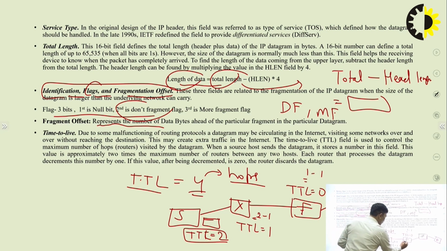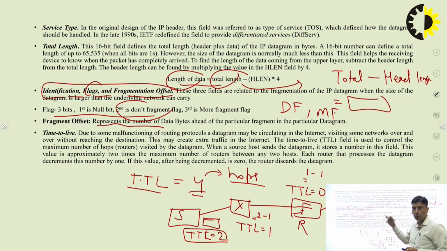So when this particular router comes to know that the time to live field of this packet is 0, and this router is now the destination actually, then that router discards the packet, so that it cannot unnecessarily move in the network and create a jam.